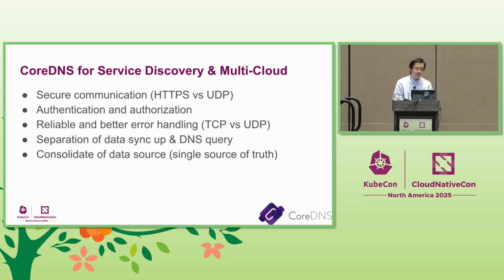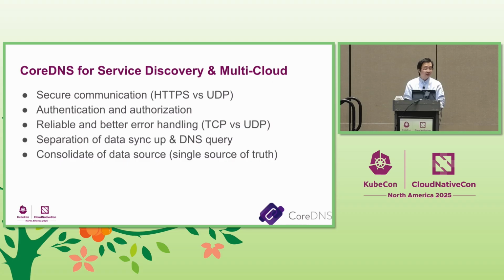For service discovery and cloud vendor integration, why do you want to use CoreDNS to sync up with different cloud vendors? You can certainly use the DNS protocol to sync up. For example, let's say you have Route 53. You can just set up your DNS server and point to Route 53's server and use UDP to do all the communication.